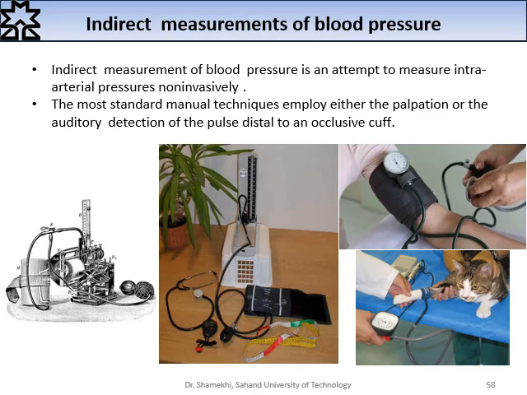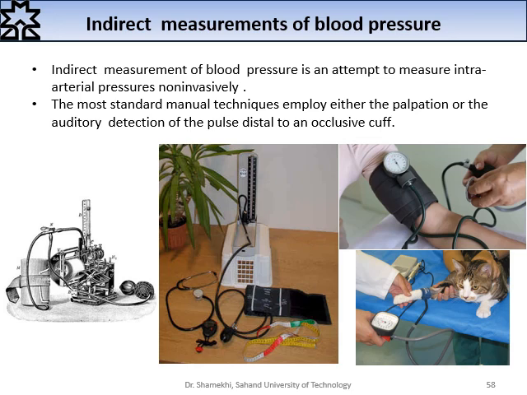All the blood pressure measurement methods we discussed in previous slides were about direct pressure measurement. But in these slides, we want to talk about indirect measurements of blood pressure.